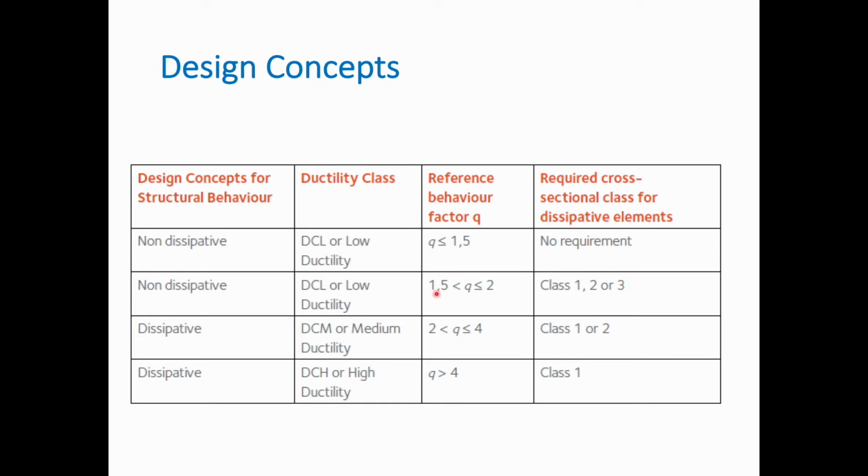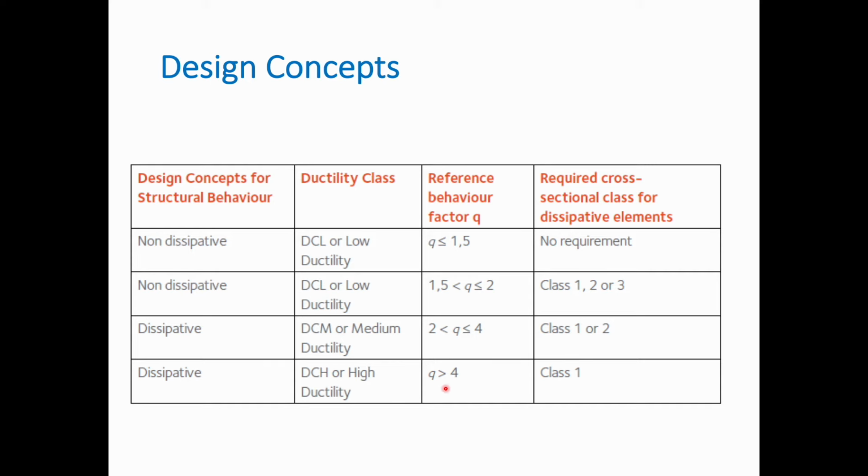And there is a reference here of the behavior factor q and what should be the required cross-sectional class for these dissipative elements. As you see, for the non-dissipative low ductility structures, the q is quite small. It should be smaller than 1.5, whereas when we go to high ductility classes, the q is also getting higher.